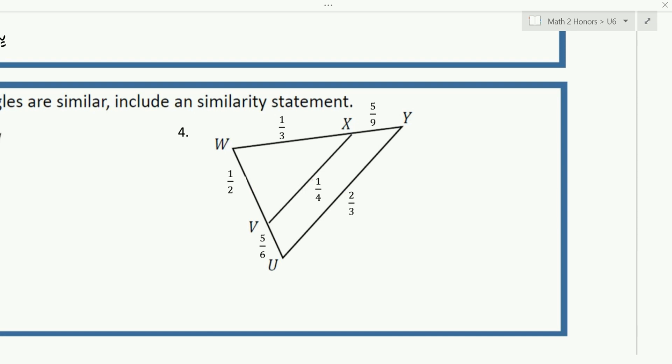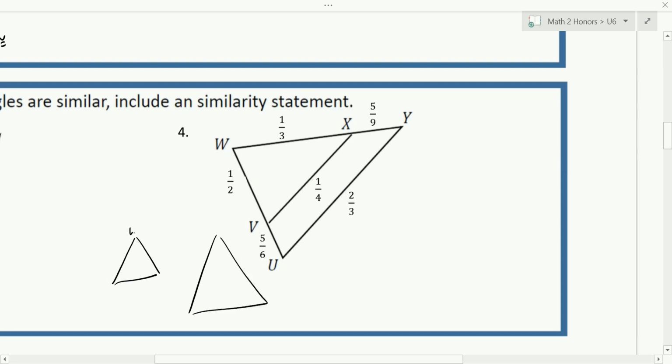So I'm going to draw two triangles that we think are similar. I'm going to separate them because they're overlapping. Okay, so we know that angle W is congruent to angle W by what?